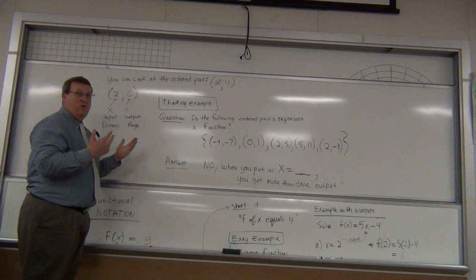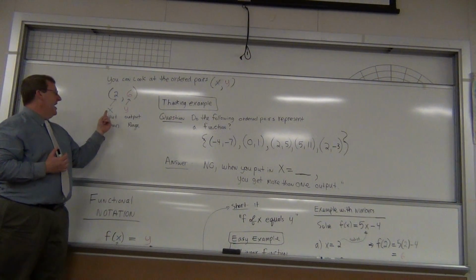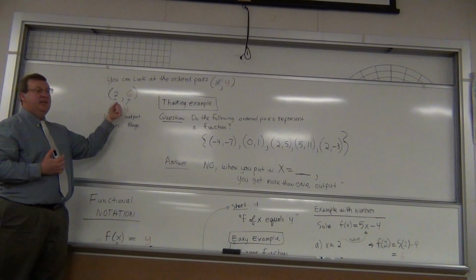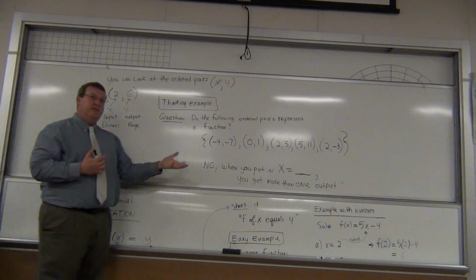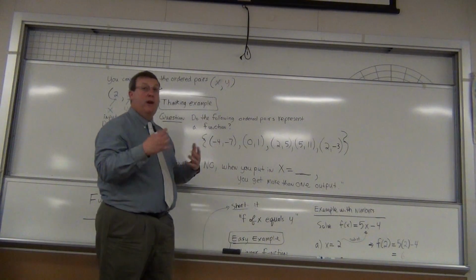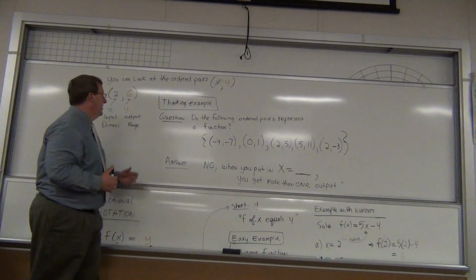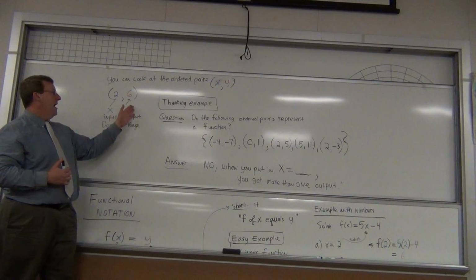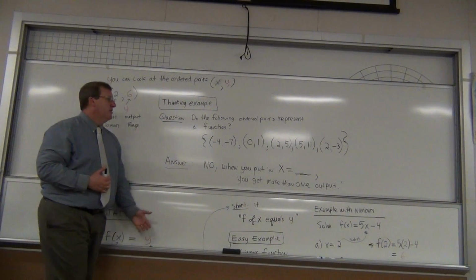Now if we look back at the question we did, do you remember when we had x equals 2, what was our output? It was 6. So actually, when you look at a function, you can create a whole bunch of ordered pairs, x's and y's. And it's a great way to organize them. So x is your input, your domain again, y is your output, your range. So let's look at this.